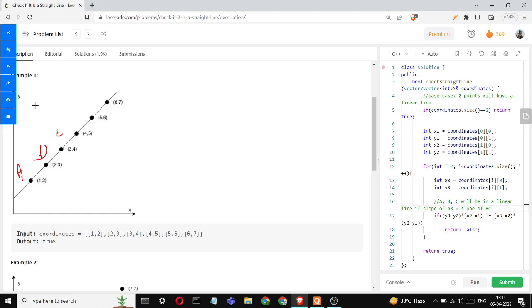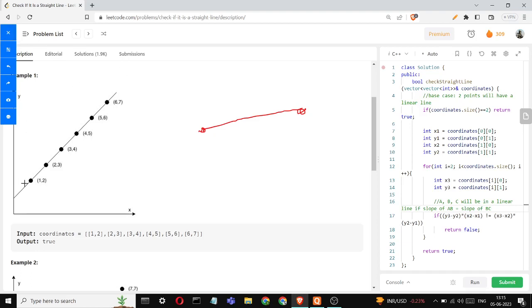Base case: if we have only 2 points, we can draw a linear line easily. Whatever the coordinates are, it is always possible to draw a linear line with 2 points. If it is more than 2 points, then we will proceed with this approach.